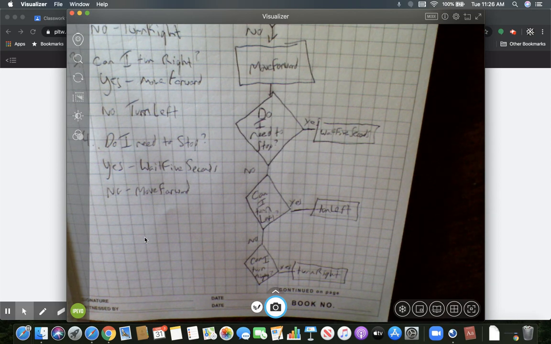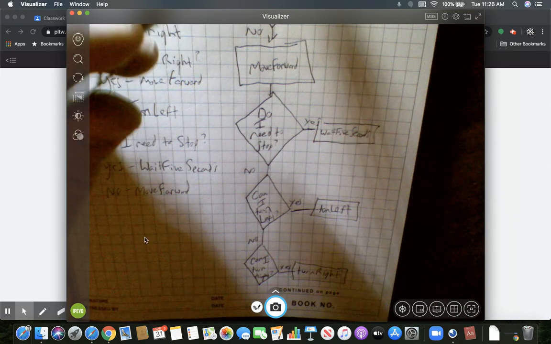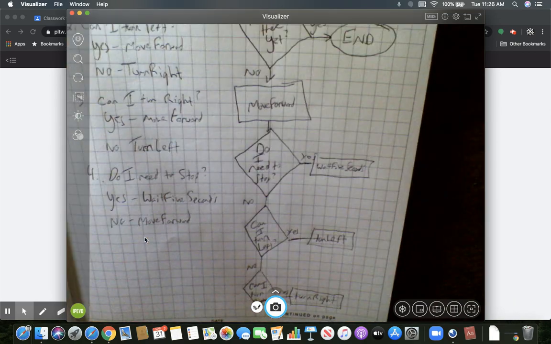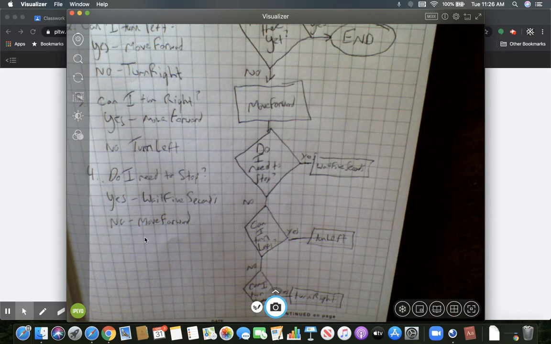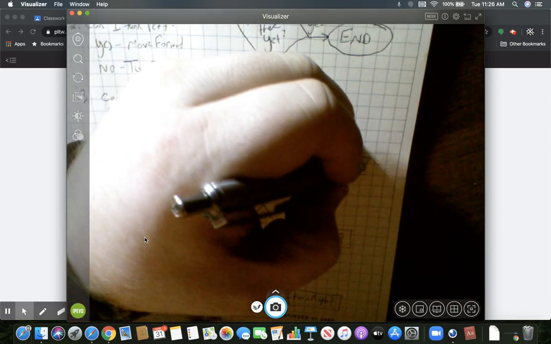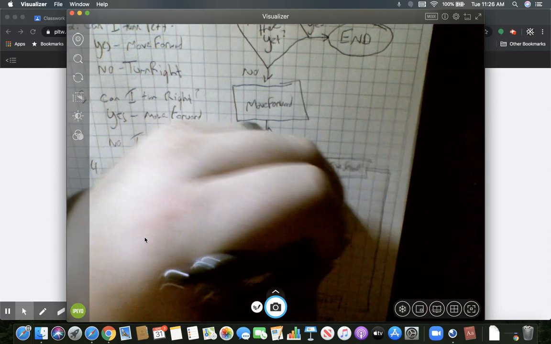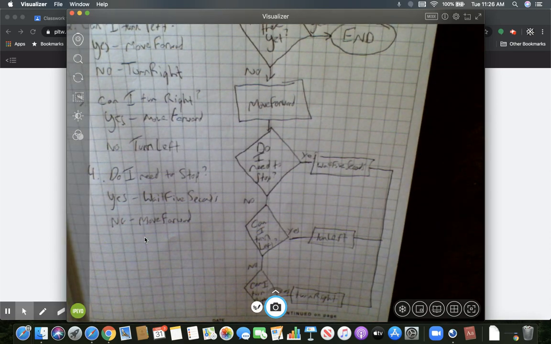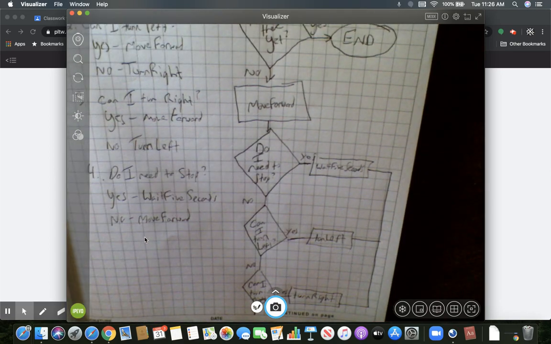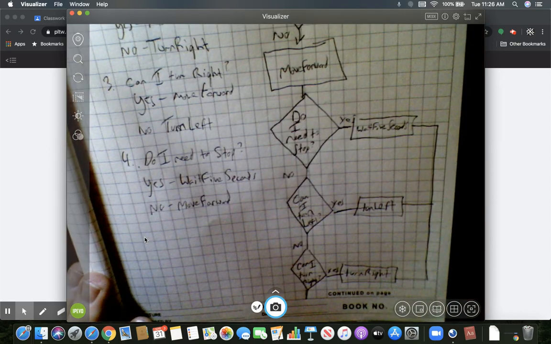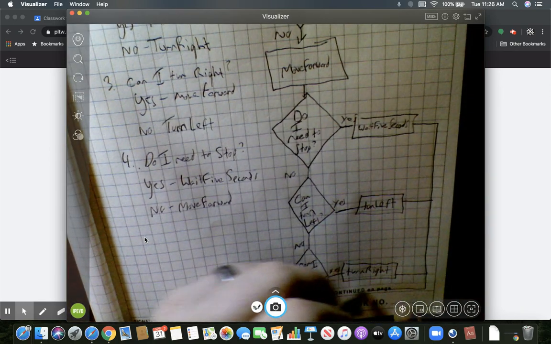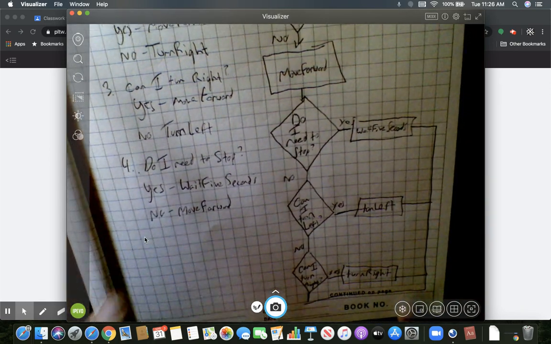So if the bus has to constantly think about these steps the entire time, then what do we do? Well, we want to have these all connect together. So if I put these all three together and I put another line down here, all of these are going to go to the same spot.